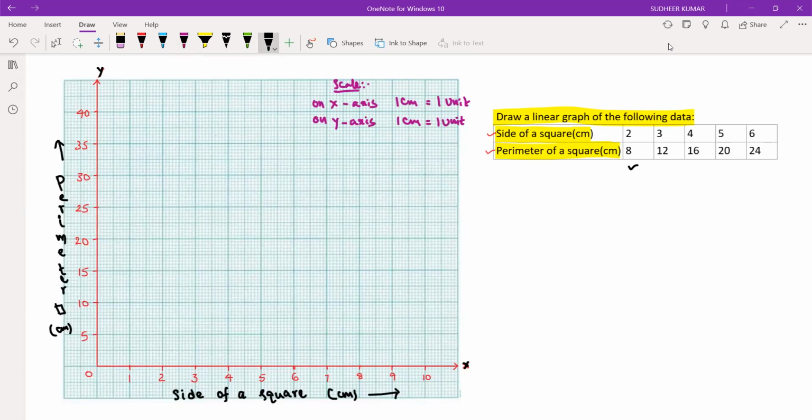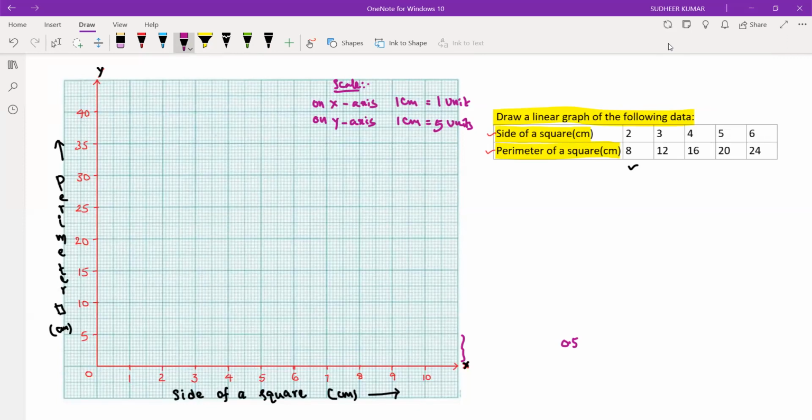But here 5 units we have taken, right? So let's change it. On the y-axis, 1 centimeter equal to 5 units. What is 5 units? As we discussed now, each small line is 0.5 centimeters, right?